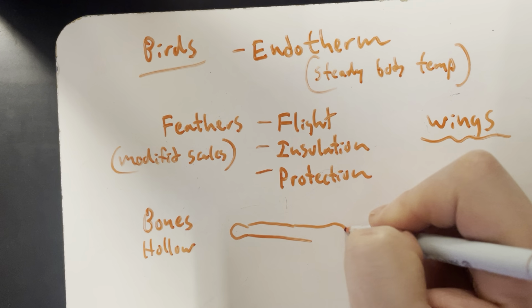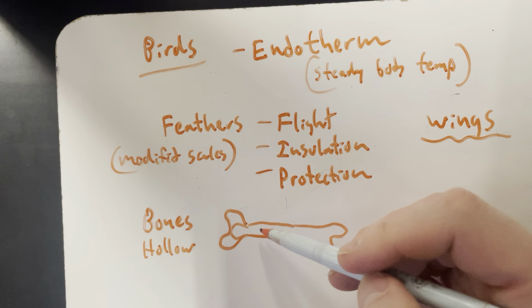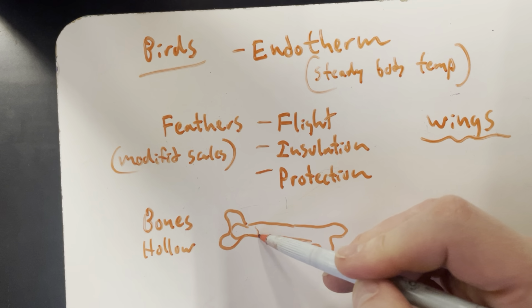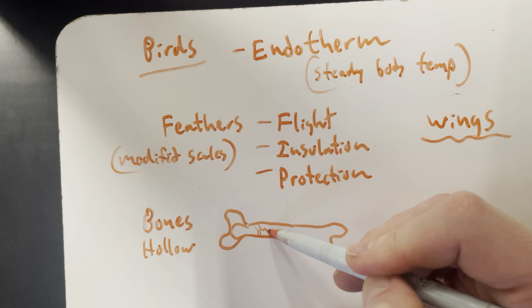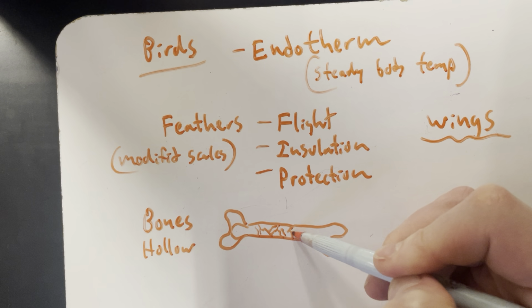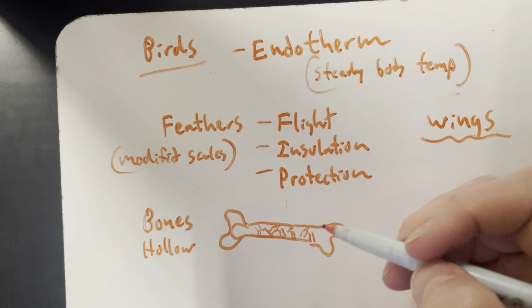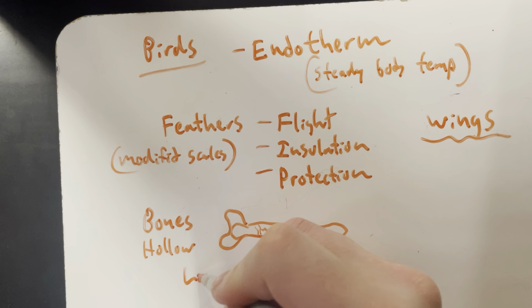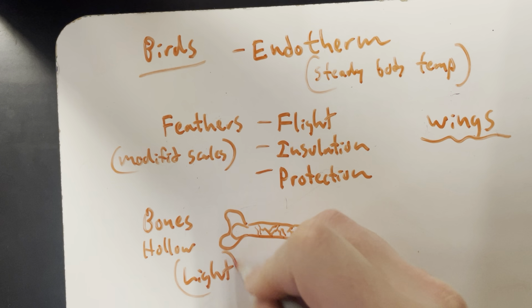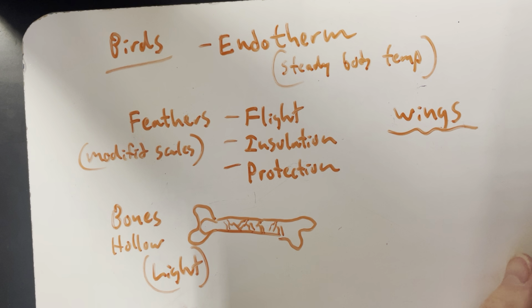Inside they have lots of, it's not completely hollow, totally empty, but they have lots of spongy bone tissue with lots of air inside. So they're light, or a higher strength to weight ratio in their bones than a lot of animals.